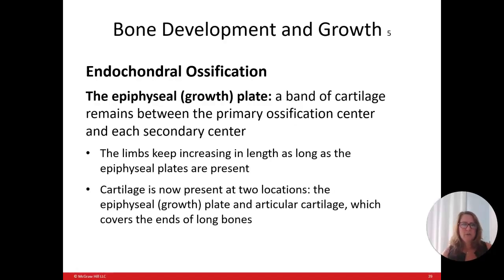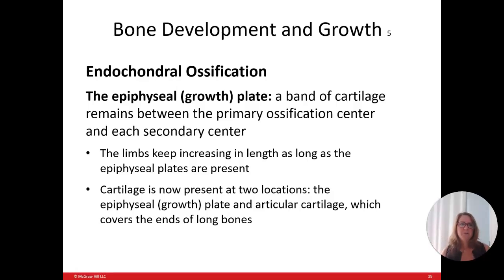Okay, so also in this type of bone development, we have again the epiphyseal plate, or the growth plate. As we were growing, we had the epiphyseal plate present in our long bones, a band of cartilage that was essentially there allowing our long bones to keep growing in length.